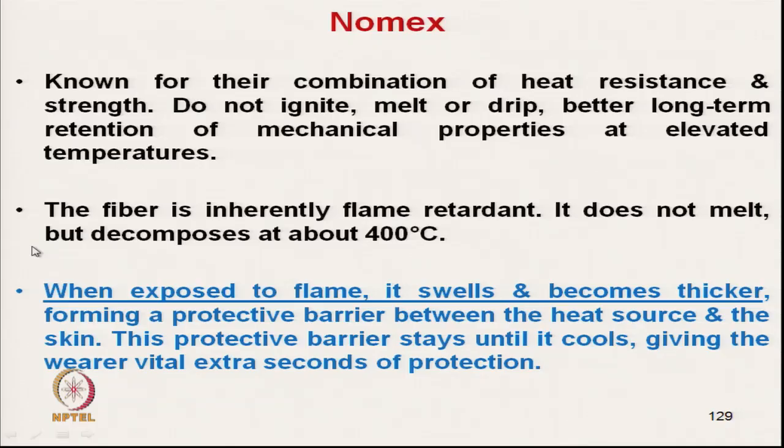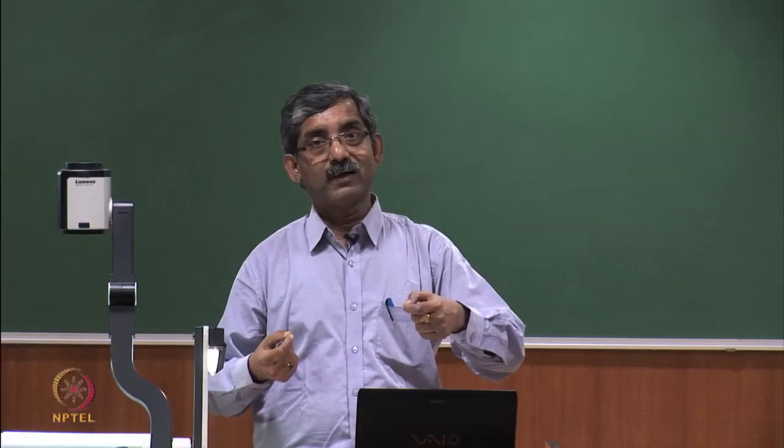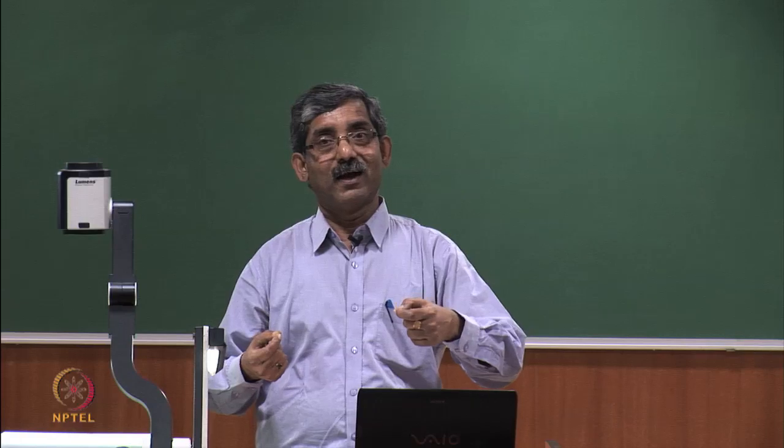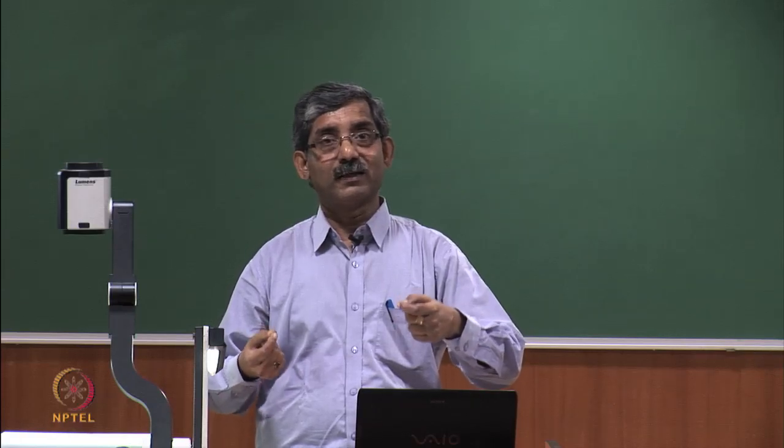And when this fiber is exposed to flame, the unique characteristic of this fabric is that it swells and becomes thicker. So, once we prepare fabric made of Nomex and it is exposed to flame, the fiber itself swells and becomes thicker.